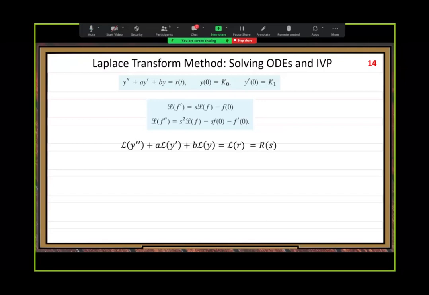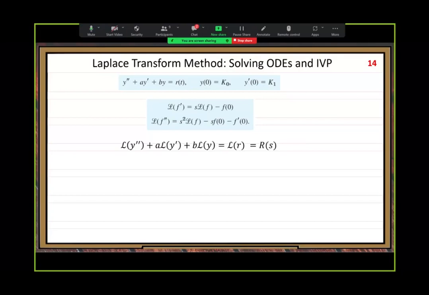For the Laplace transform of little r, suppose we can calculate it. This capital R of s is the Laplace transform of that function. We treat it as a known function. If little r is known, we assume we can calculate its Laplace transform, so capital R is also known.